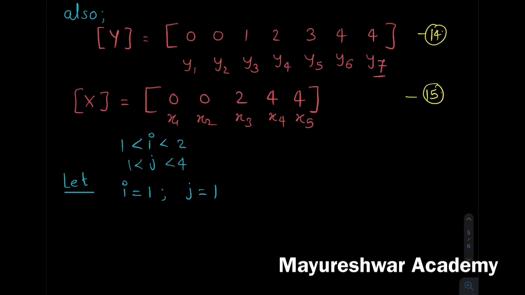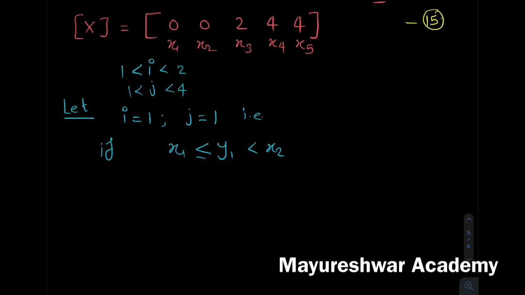So that is, we need to check whether y1 belongs in between xi, which is x1, and xi plus 1, which is x2 now, because i is equal to 1.